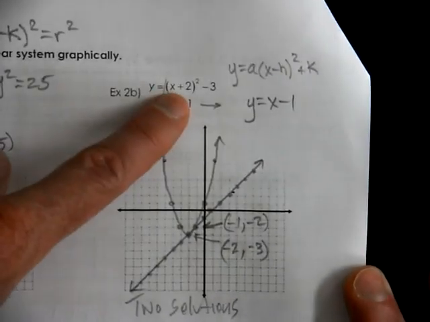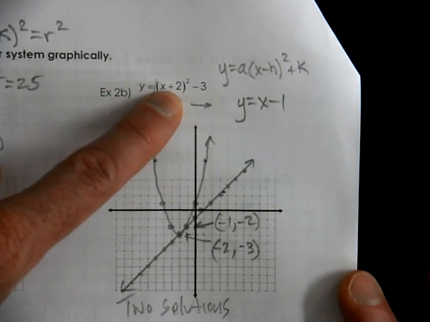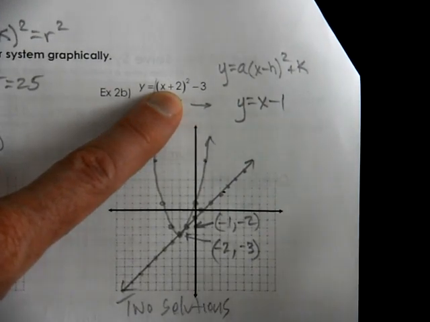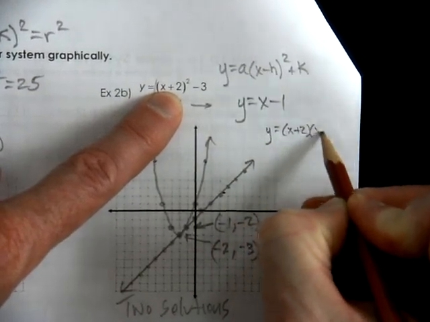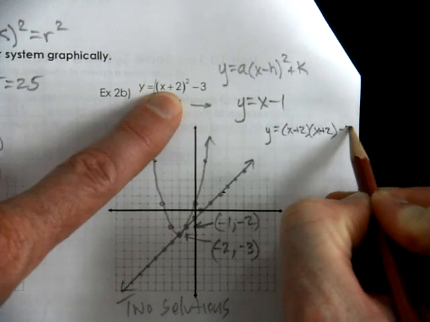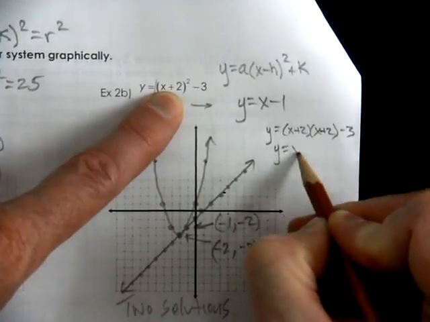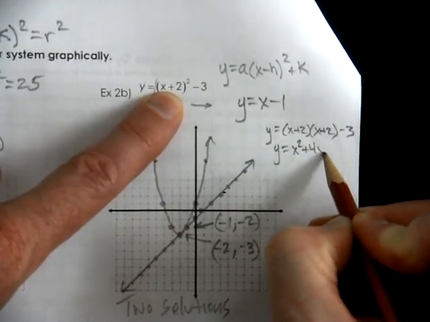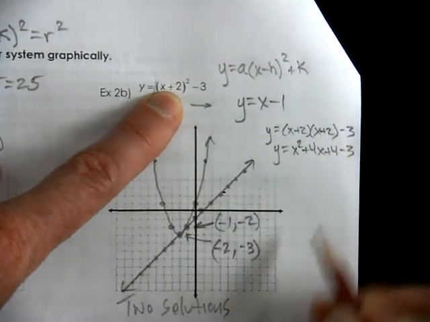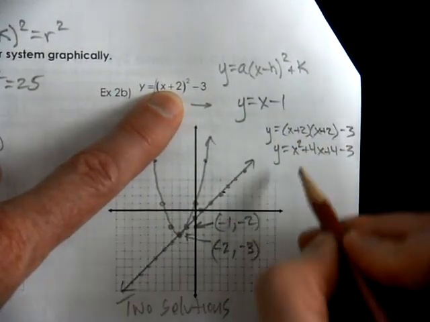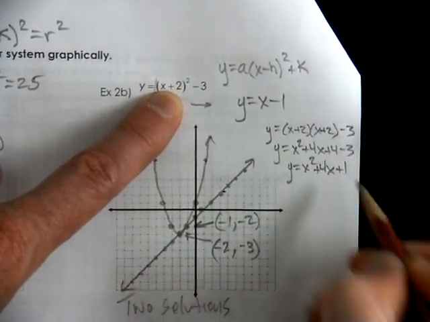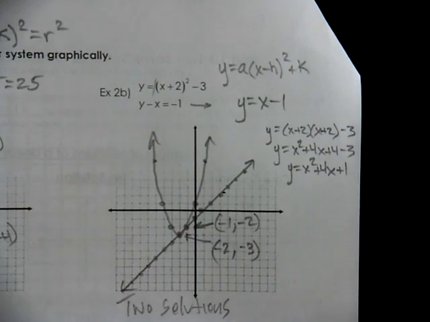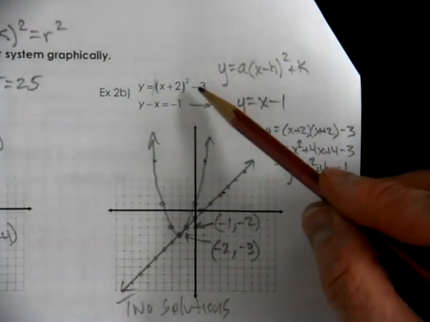All right, there's something else I wanted to show you with this. This is vertex form. But if we take vertex form and turn that into standard form, would we get the same graph? So if I convert this to standard form, multiply, FOIL together my binomials. That would be my equation that is the same as this one.